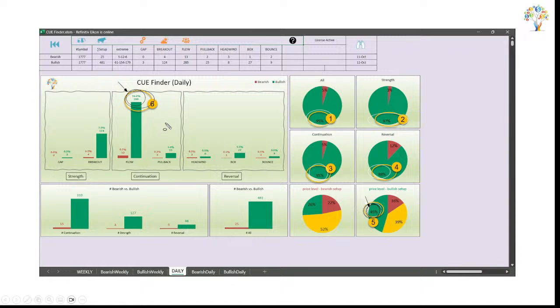And here I see flow setups are many more on the bullish side that may call for bottom up workflow. I'll carry out an investigation later and choose one of those later. Let's continue. So far we saw technical breadth also allows buying, no shorting.